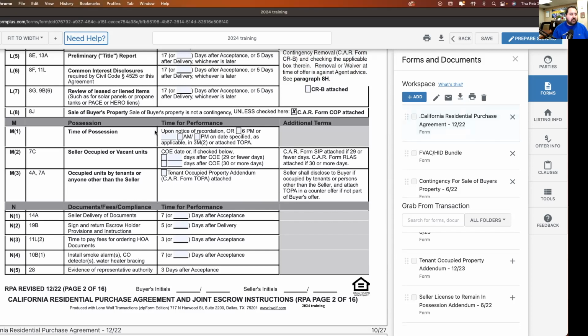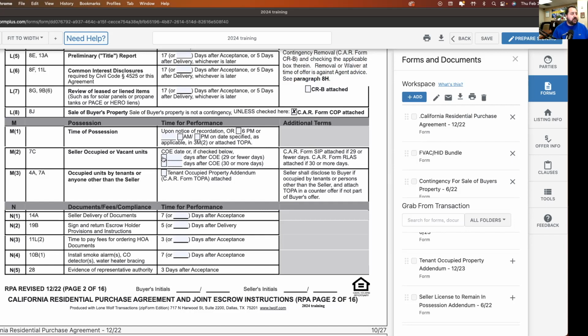You see that right there? So once it records, I'm the owner. Now, whether the seller is going to remain in possession are two separate things. I'm the owner at this time, but the seller may be remaining in possession, which is a second section here that we have to fill out.